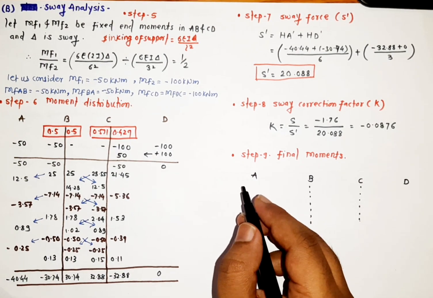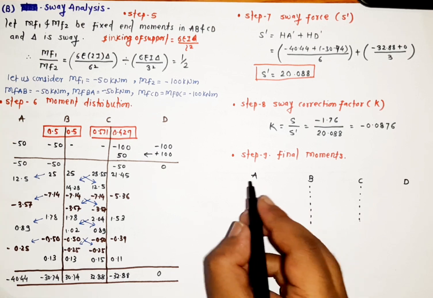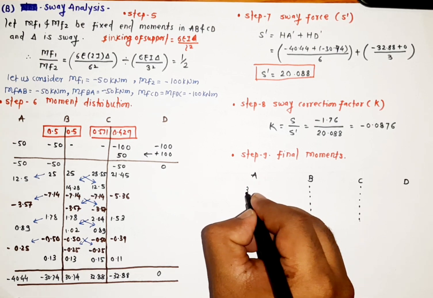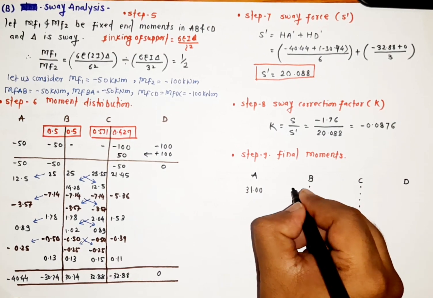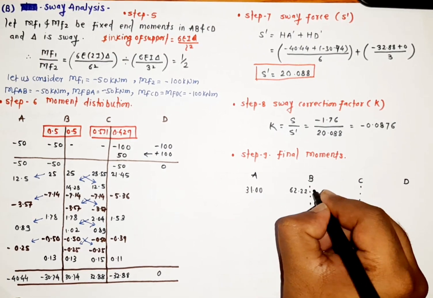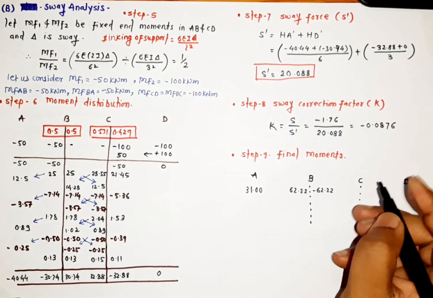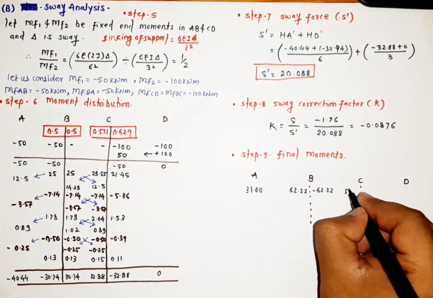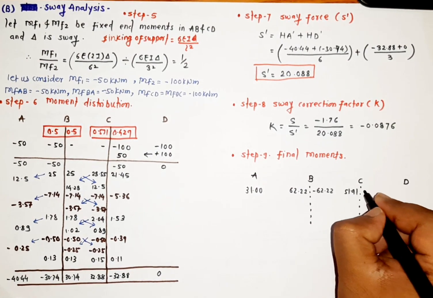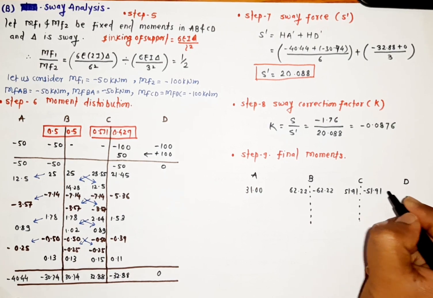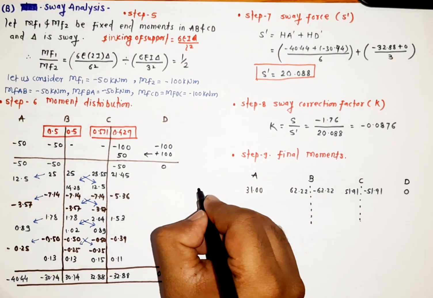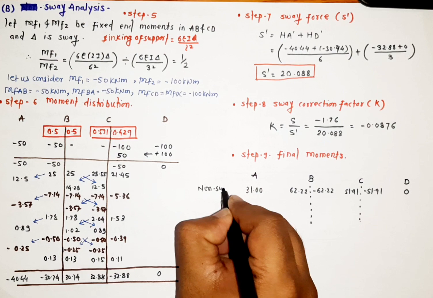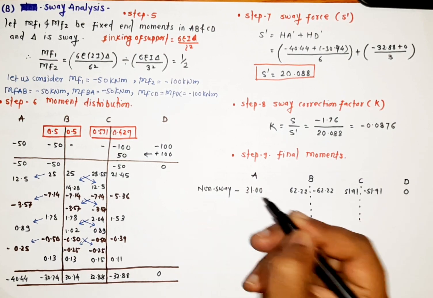Due to the non-sway analysis we get the moments as: at A it was 31.00, at B it was 62.22 and minus 62.22, at C it was 51.91 and minus 51.91, and this value is 0. These are the non-sway moments.